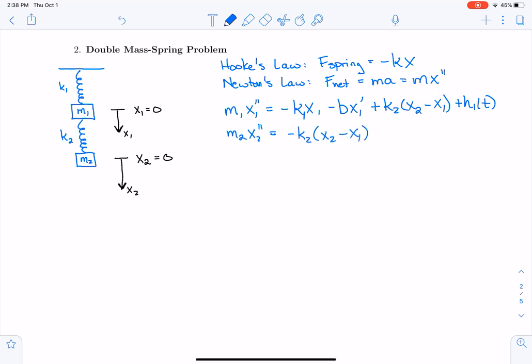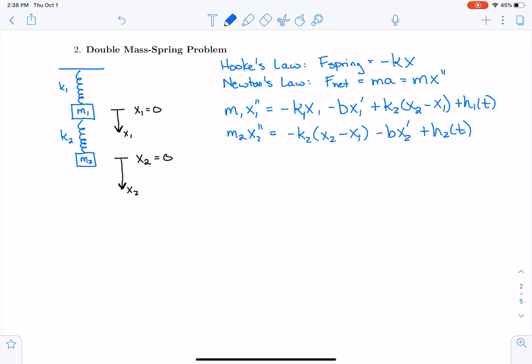Some friction, so minus b times the velocity, x2 prime, and then possibly an external force on that second mass. And so now what you see is we have a system of two second-order differential equations. Now, we know how to deal with a single second-order differential equation, but we have not looked at a system of two second-order differential equations before.